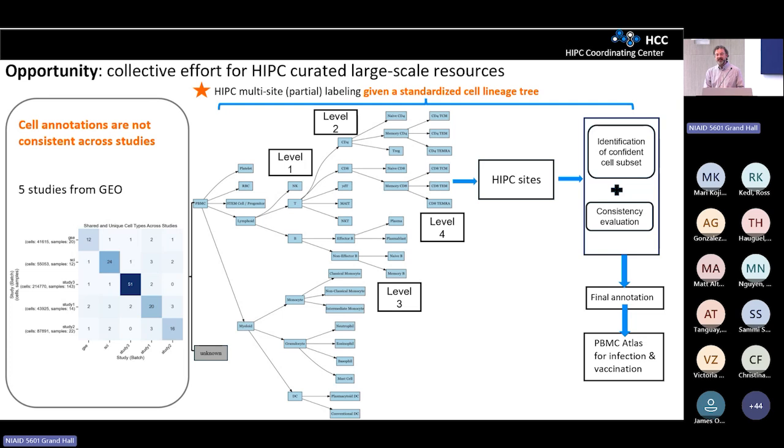How do we annotate these studies across our centers in a common way? And we think there's an opportunity for some collective effort where we could generate some reference atlases that are annotated in a uniform way across the centers.